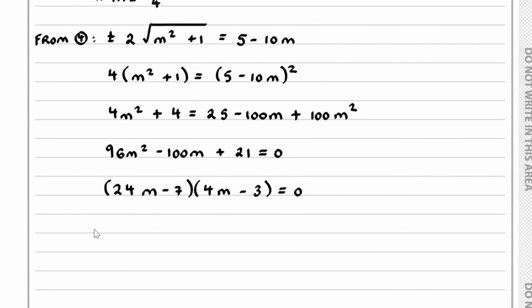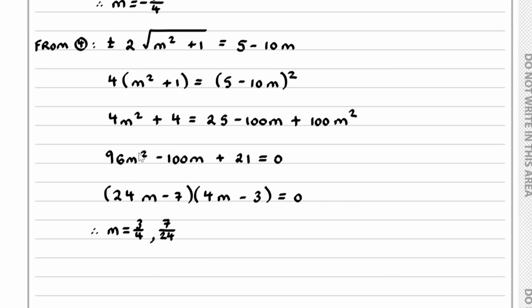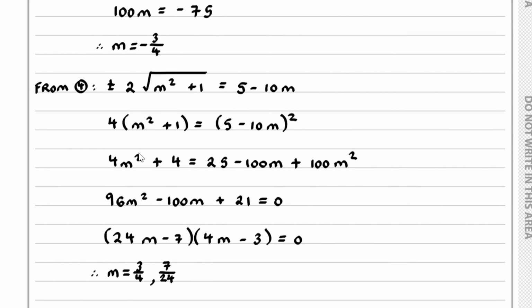And from here we can solve for m. We would have m equals 3/4 and we also have 7/24. Here are our various gradients of those lines m.